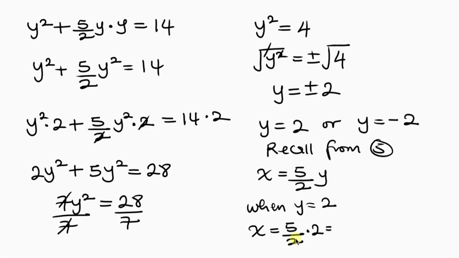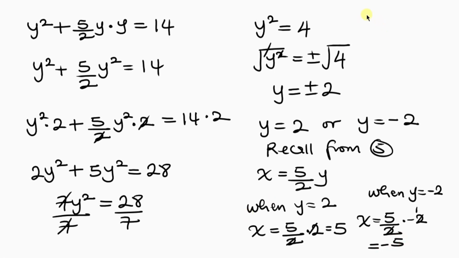This gives 2 can cancel out 2, leaving behind 5. Now, when y is equal to, this time, -2, we get x to be equal to 5/2 times y, which is -2. So when we multiply, we see that 2 can cancel out 2, leaving behind 1 here. So 5 times -1 is -5.